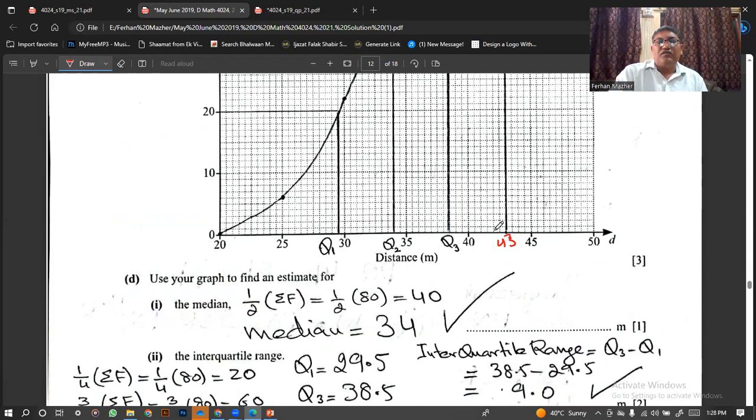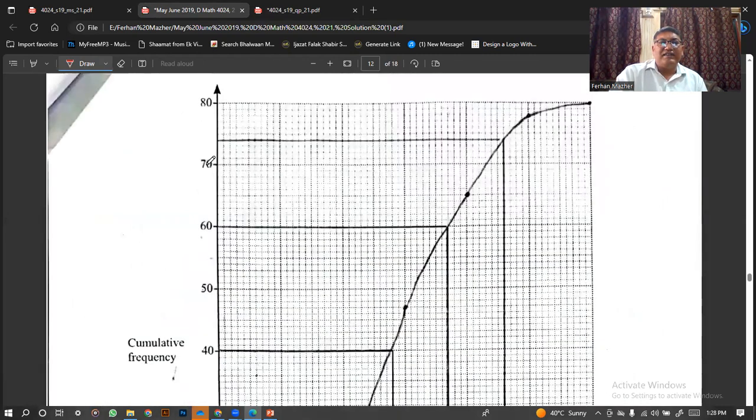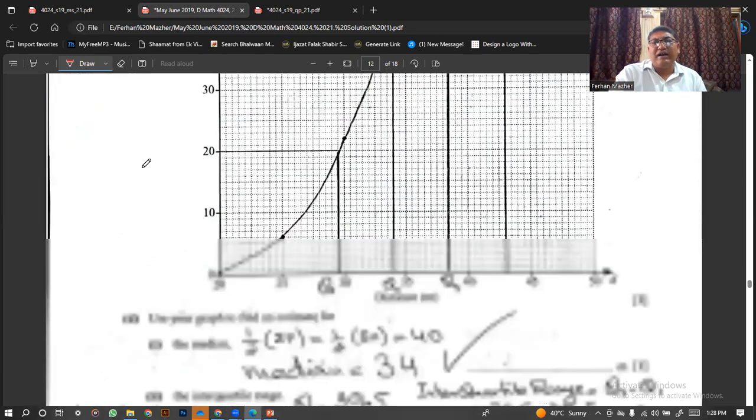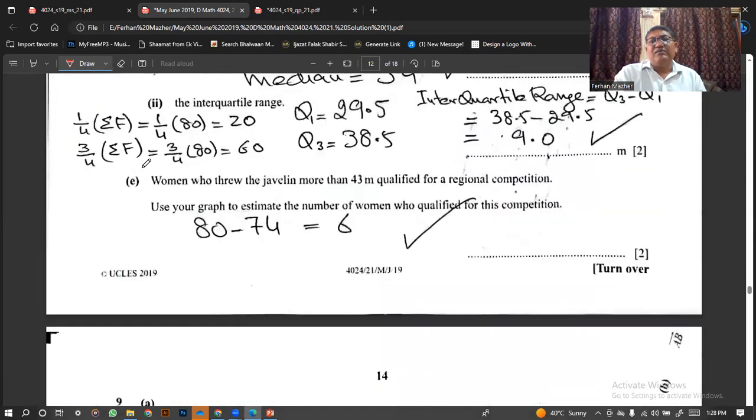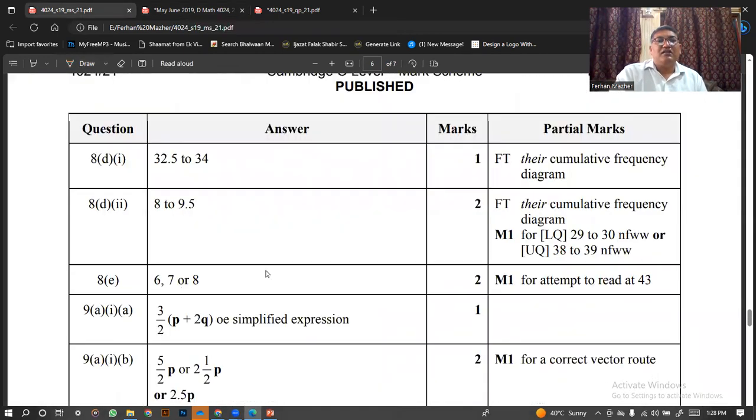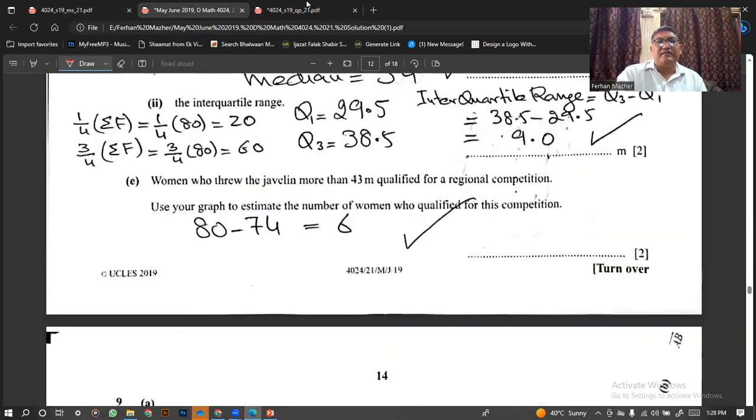Okay. So from here, I will go to the graph. I will check what is the value here. That's 74. And I will take how many people are above this. So that will be 80 minus 74. So that will be 6 people. Okay, 6 people is the right answer, sir.